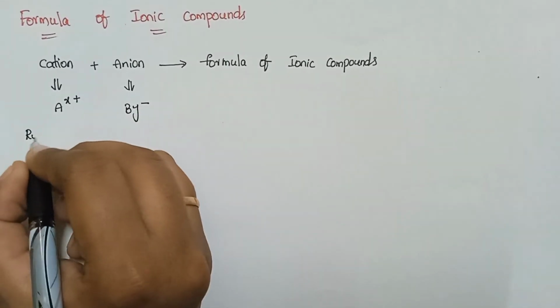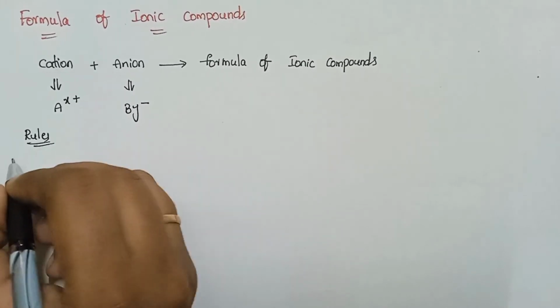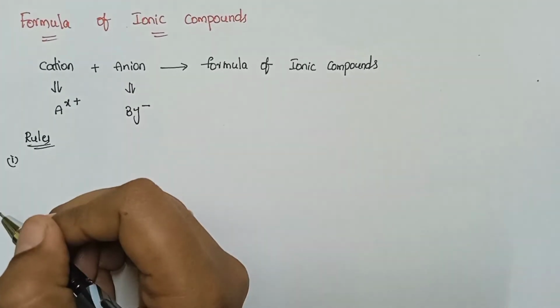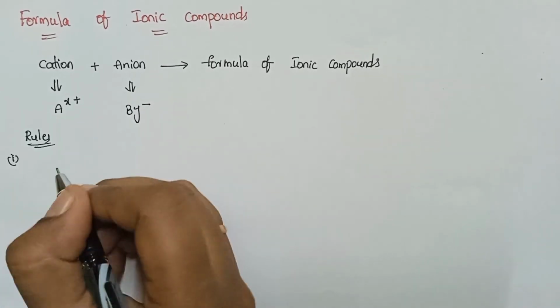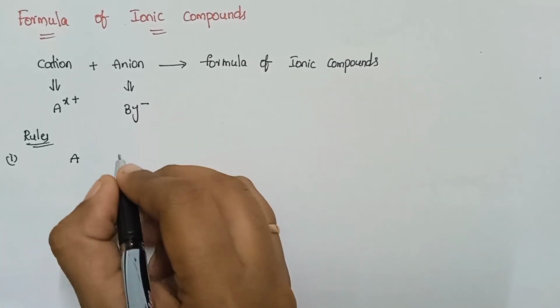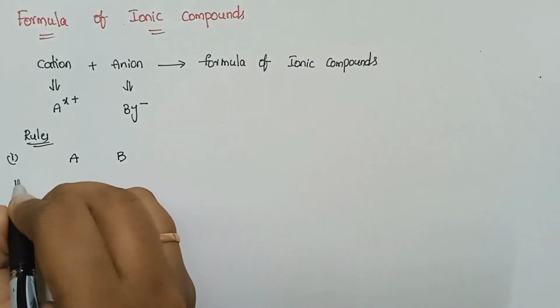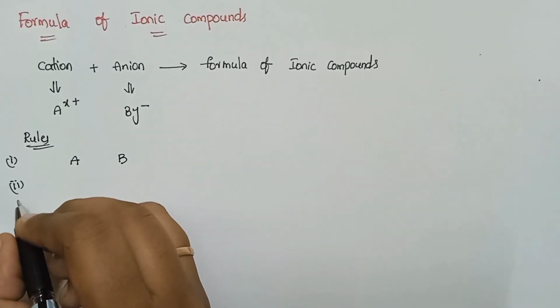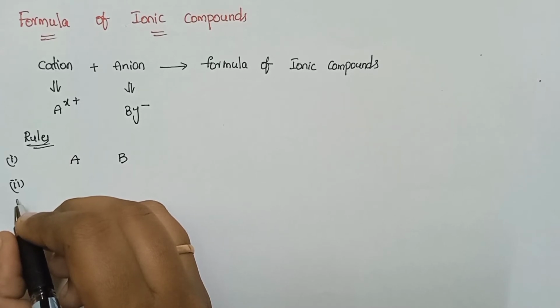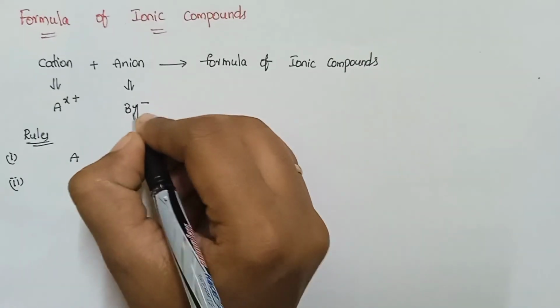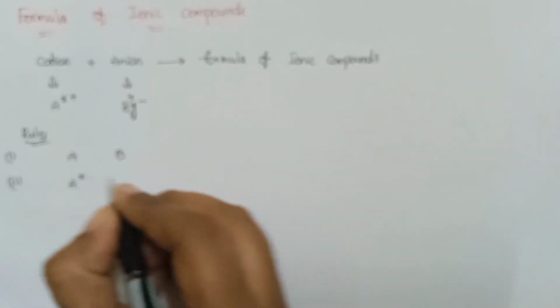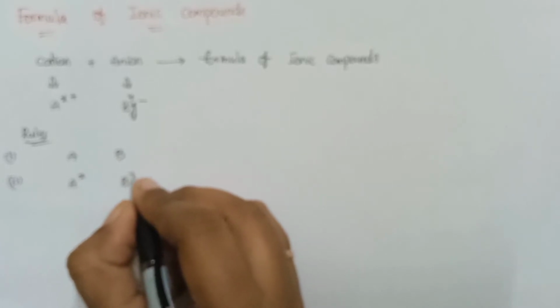The rules are: the first one, write down the symbols of the ions side by side, that is A and B. The second rule, write down the electrovalency on top of them, X and Y. So A X, B Y.